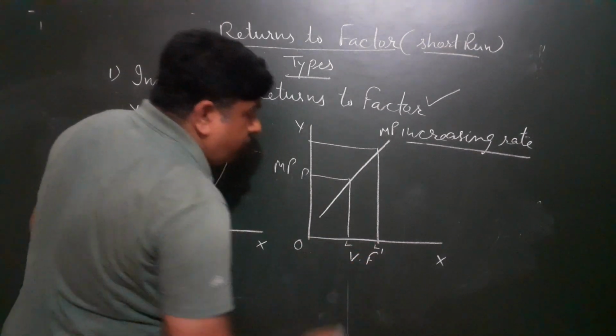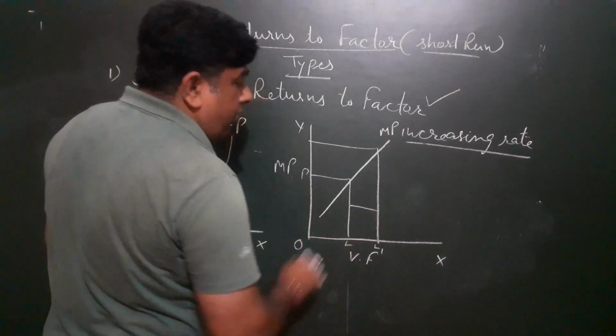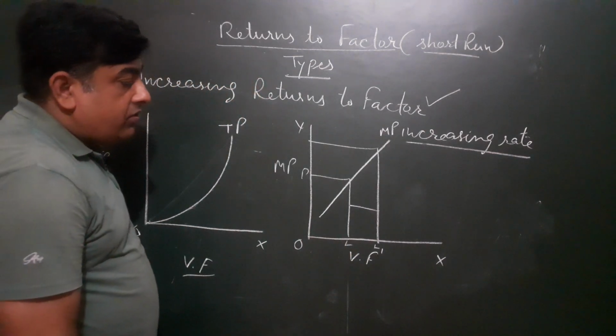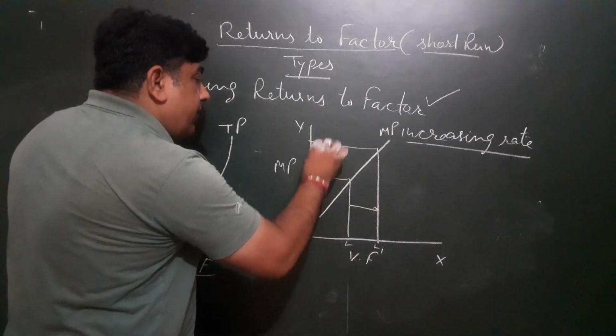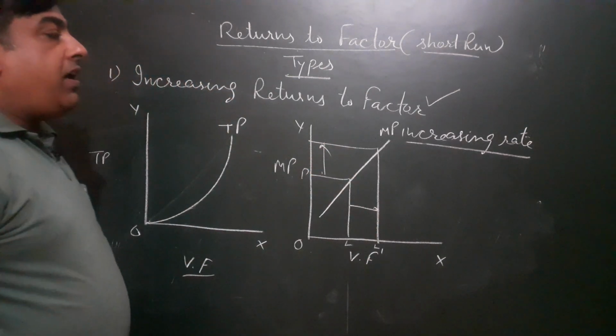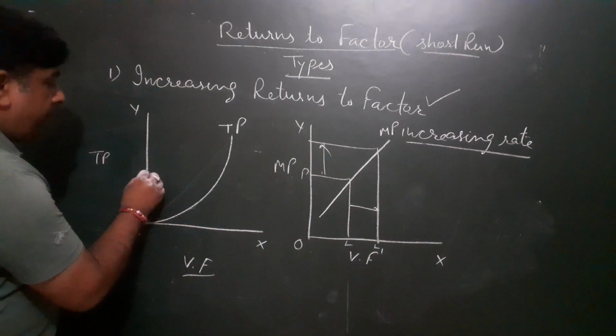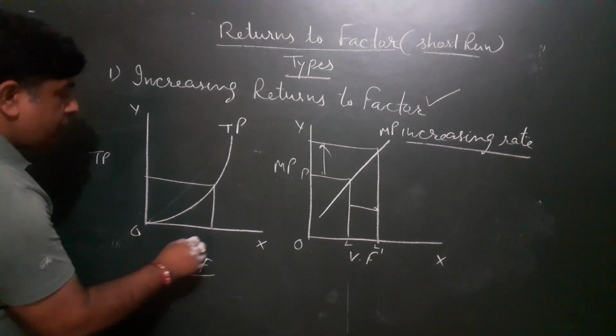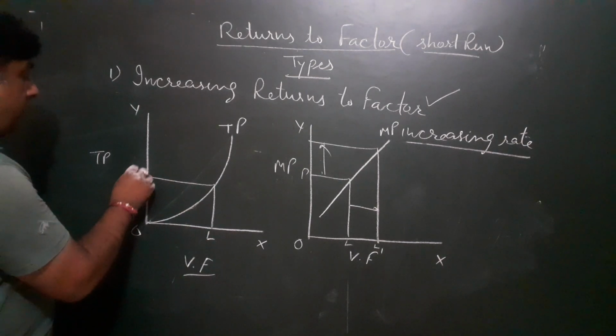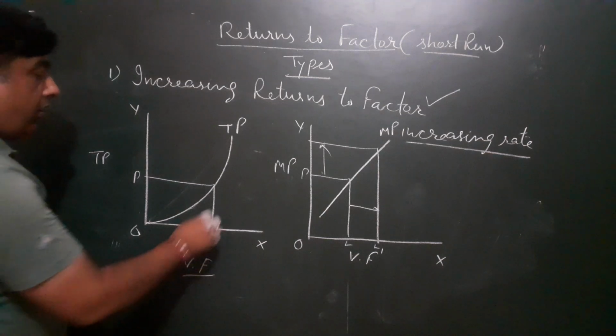When L1 is used, when more variable factor is used, there is an increase in marginal production. In the same way, when we use OL, production is OP.